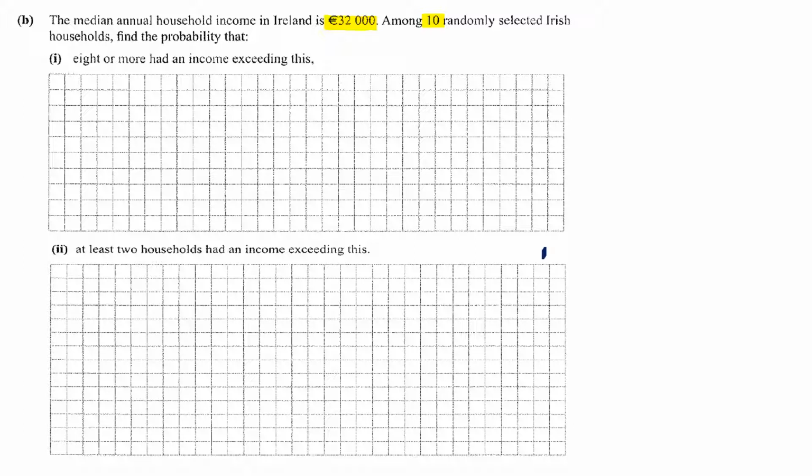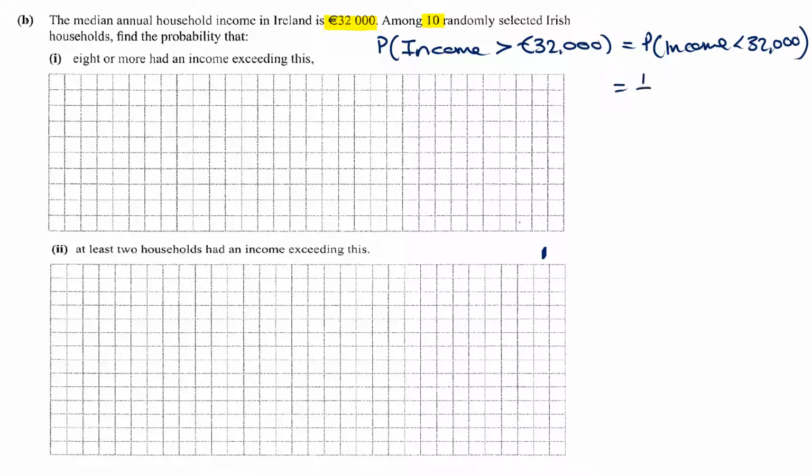So therefore the probability that income is greater than 32,000 is the same as the probability that income is less than 32,000, and they are both equal to a half.